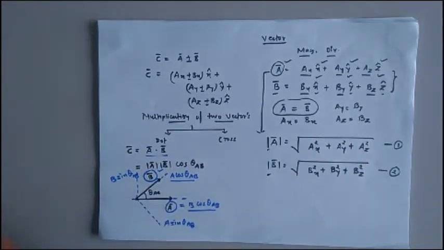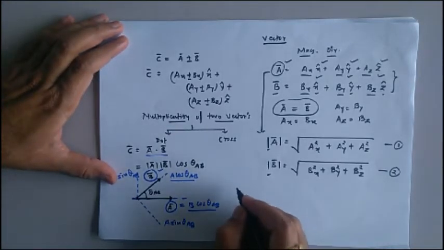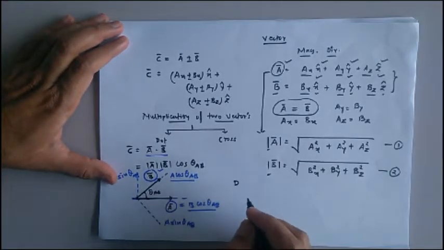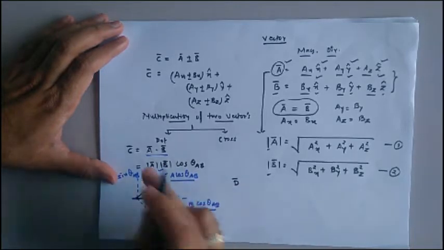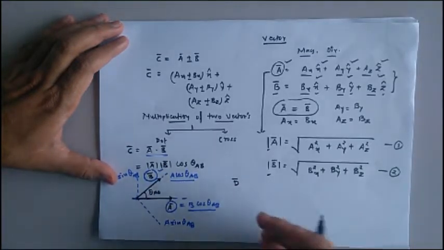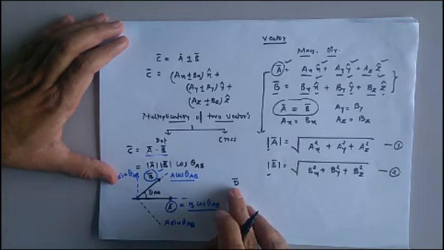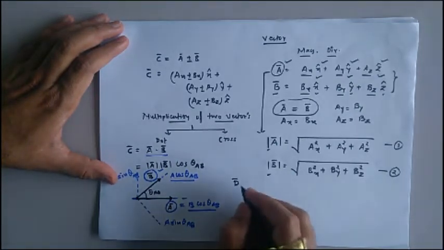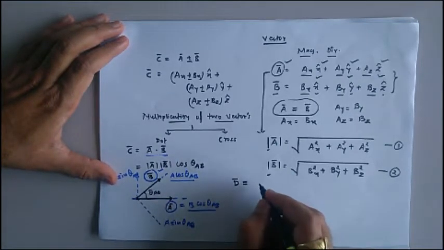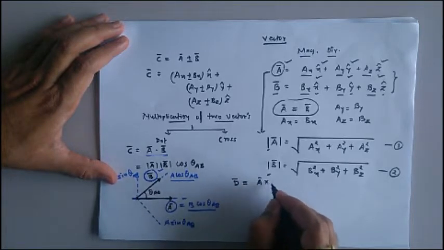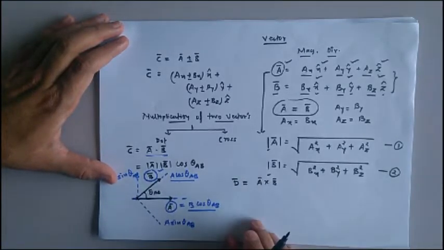Now let us try to analyze what is the meaning of cross product. Suppose if we take the cross product of these two vectors and the final output is indicated by another vector, that is nothing but d bar. So this d bar is going to be equal to a bar cross b bar.